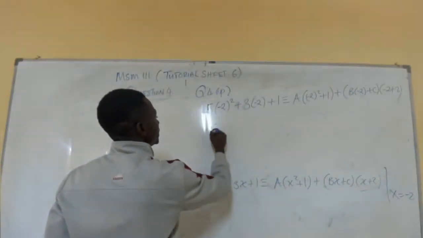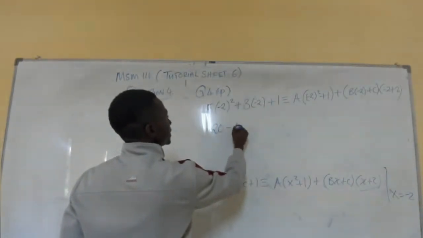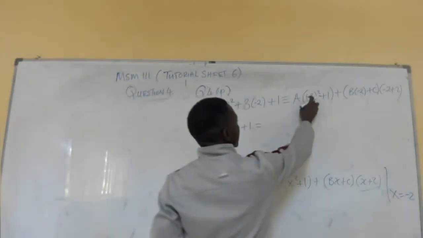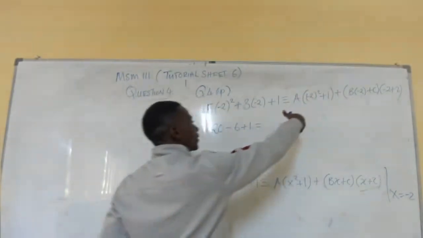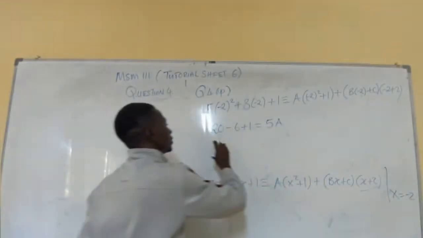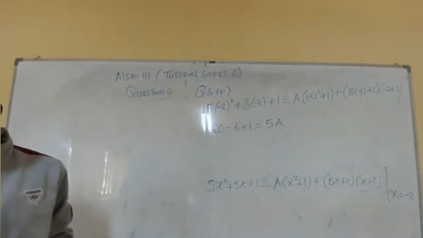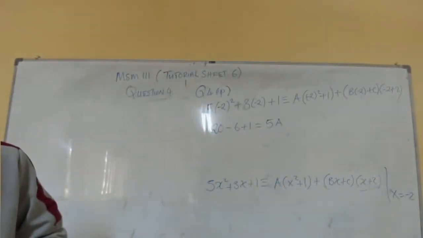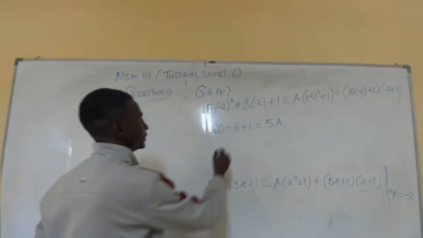So here you have 20 minus 6 plus 1 equal to, negative 2 squared is 4, plus 1 is 5, so there you have 5a. What is 20 minus 6 plus 1? It's 15.